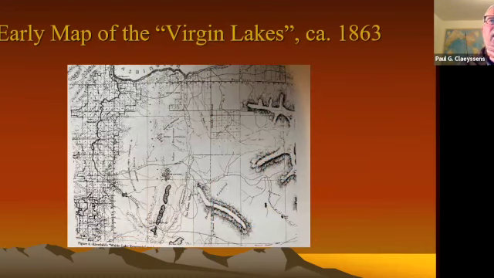And then I don't know how well this really comes across. It wasn't a great map to begin with visually, but it was drawn up by cartographers in about 1863.